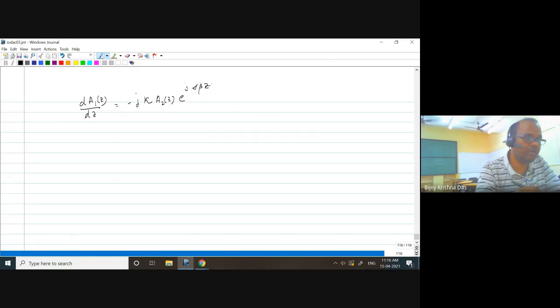Also we assume that delta beta is known to you. Let us consider this is equation number 1, and this is dA2z by dz equals minus j kappa star A1z e to the power minus j delta beta z.